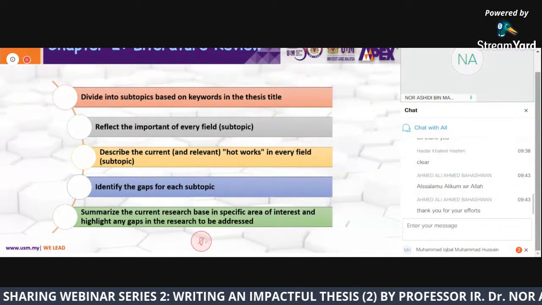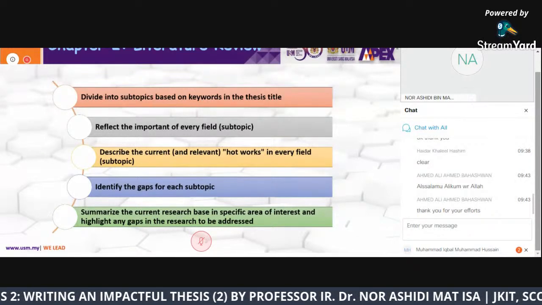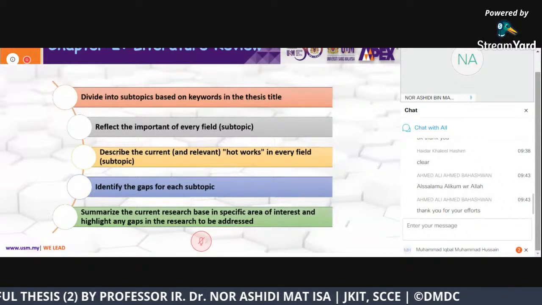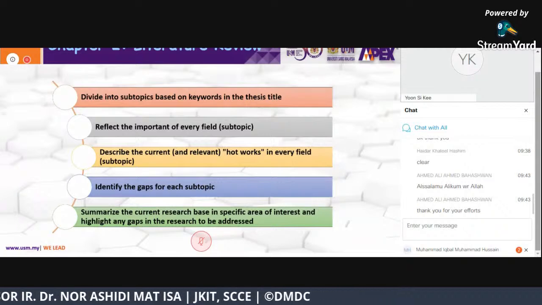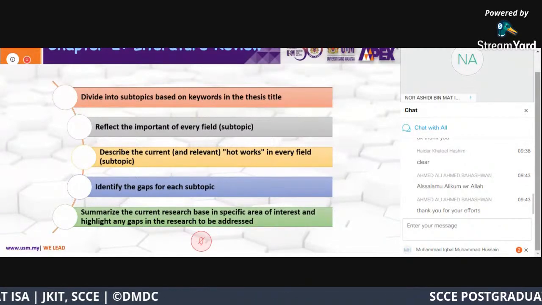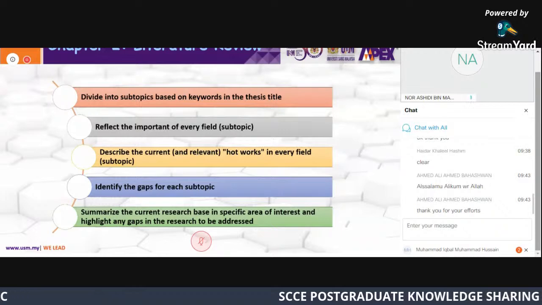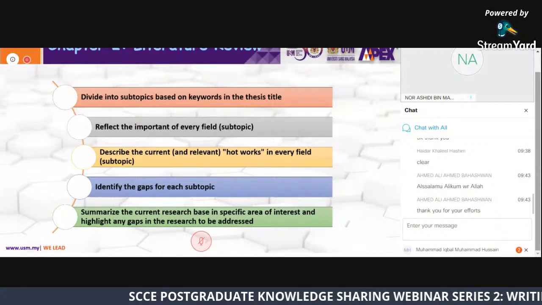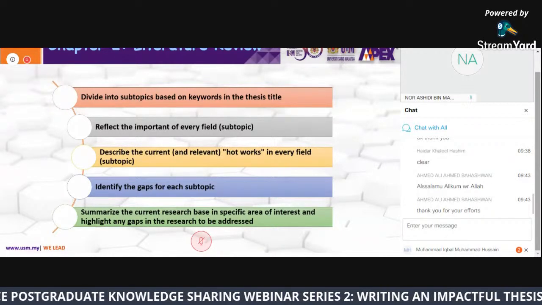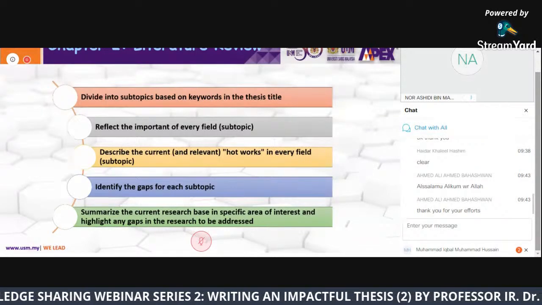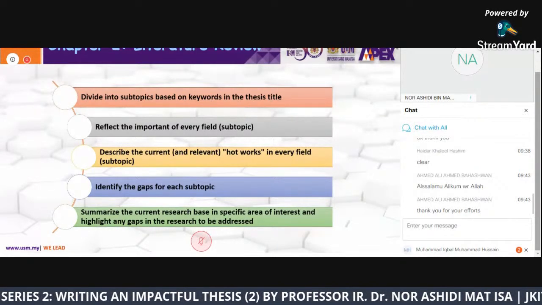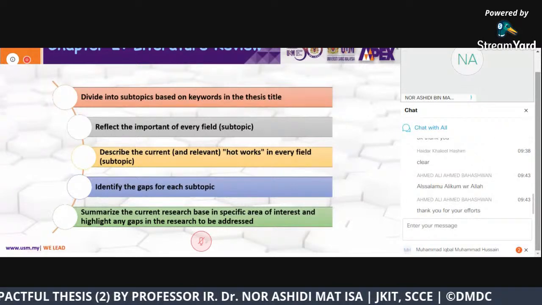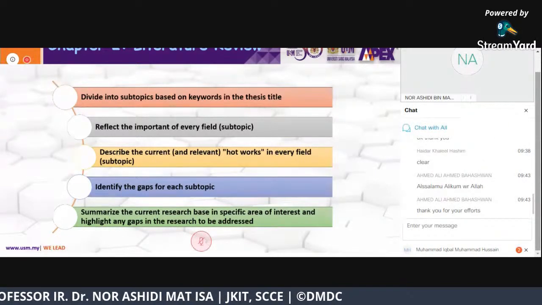The second thing: your literature must reflect the importance of every field. The subtopics are the topics to be focused on in your research, so the importance of every field or subtopic must be related again to your research.